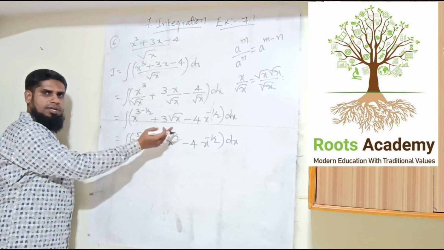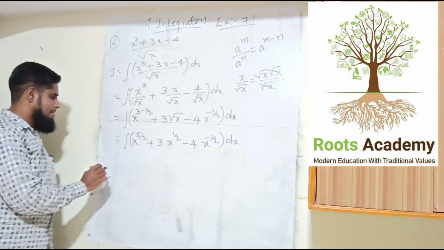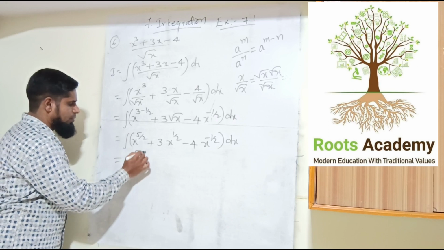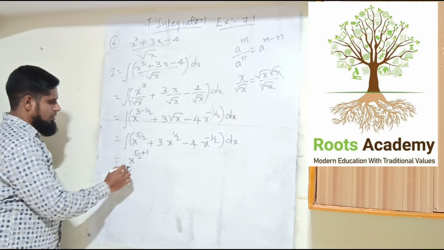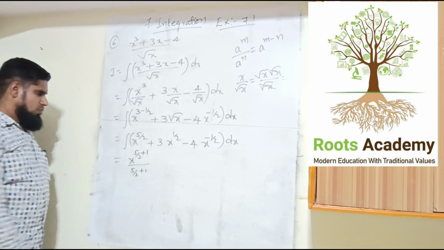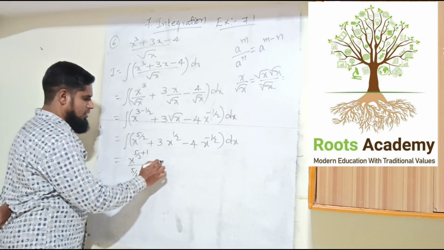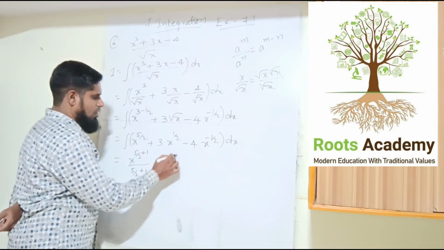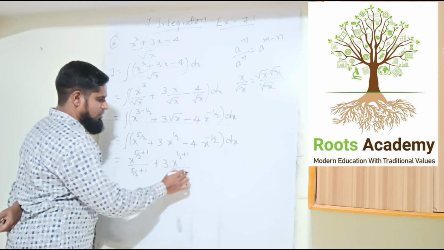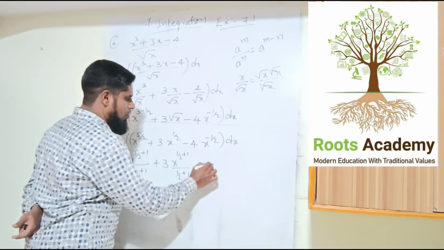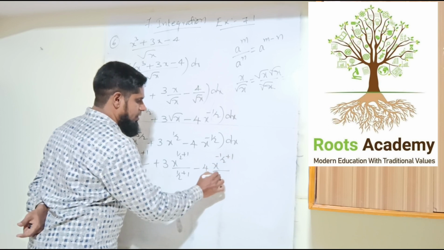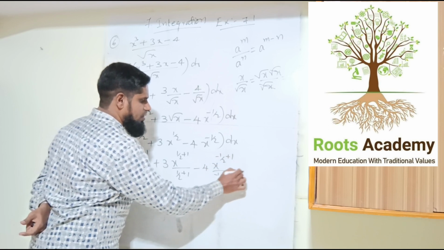x power 5 by 2, same formula as x power n. So x power 5 by 2 plus 1, divided by 5 by 2 plus 1, plus 3 x power half plus 1 divided by half plus 1, minus 4 x power minus half plus 1 divided by minus half plus 1.